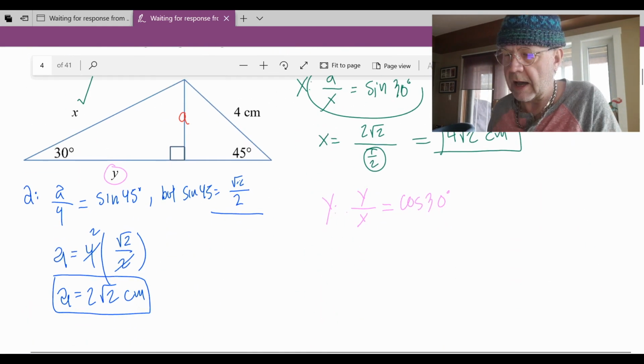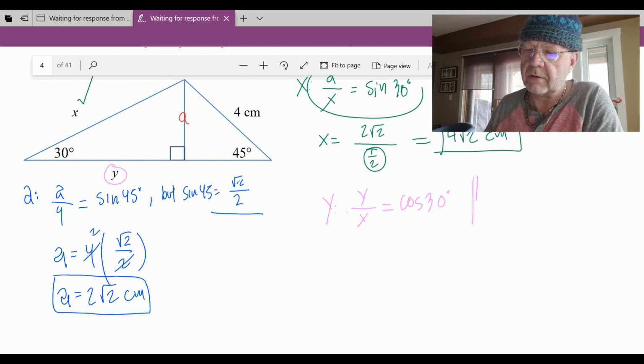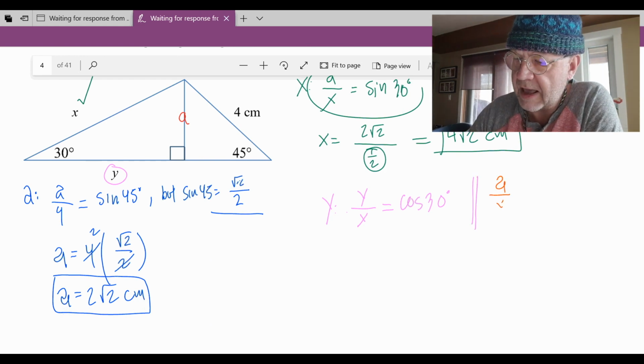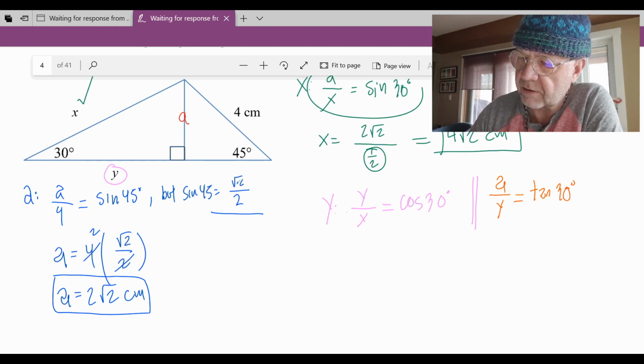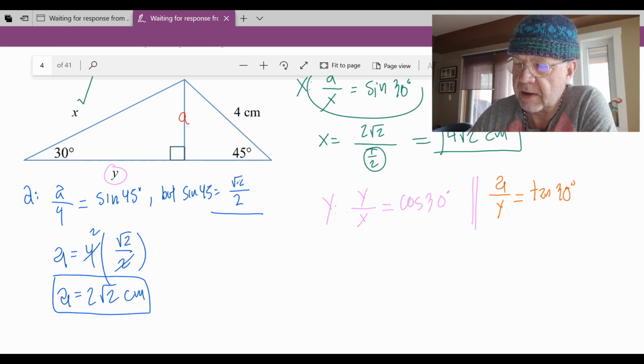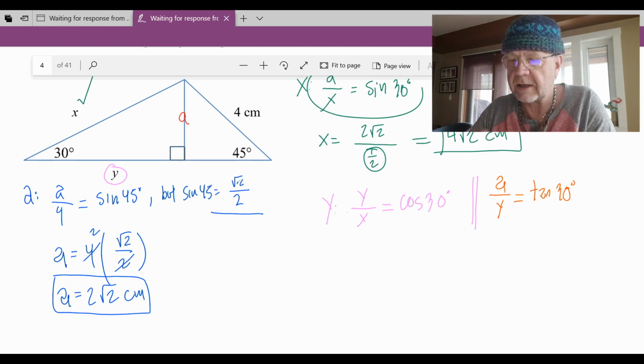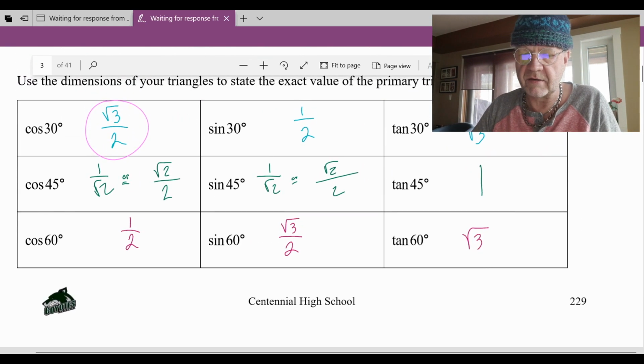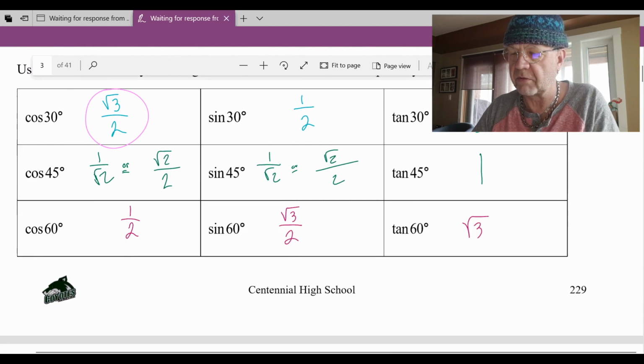I could also, to come up with the exact same answer, go a over y equals tangent of 30 degrees. And once again, I know that tangent 30 is 1 over root 3.